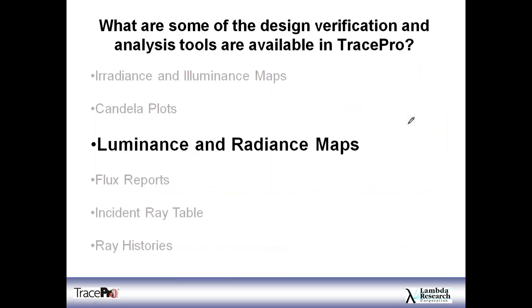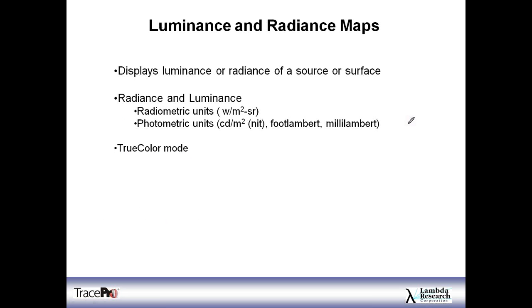Okay, now we'll take a look at luminance and radiance maps. The luminance and radiance maps display the luminance or radiance of a source or surface. So this could be light coming from, say, an LCD computer display, light being reflected off of a surface, or light directly from a source.